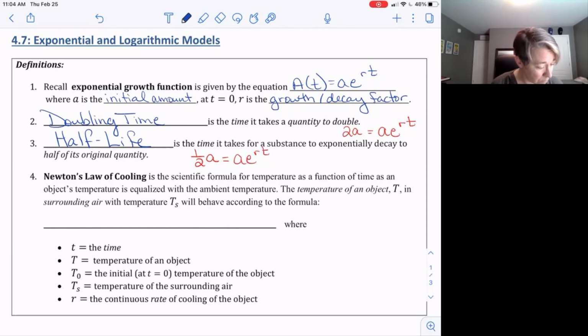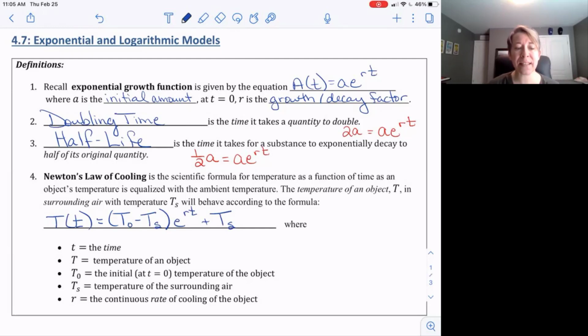For this formula, we would have capital T of little t, capital T representing temperature, little t representing time, equals, in parentheses, T naught minus capital T sub s, close parentheses, times e to the rt plus capital T sub s.